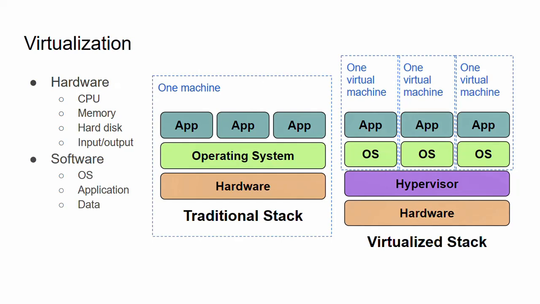If we look at an image to explain this, to the left we have a traditional stack, right? The traditional stack has the hardware. It's one machine with hardware and one operating system. You run multiple applications in that, and these applications share the same hardware and operating system.